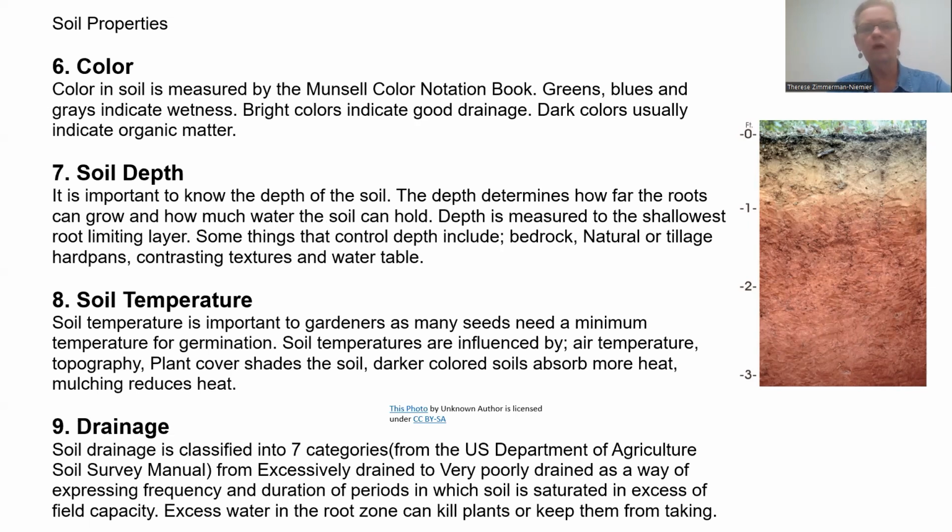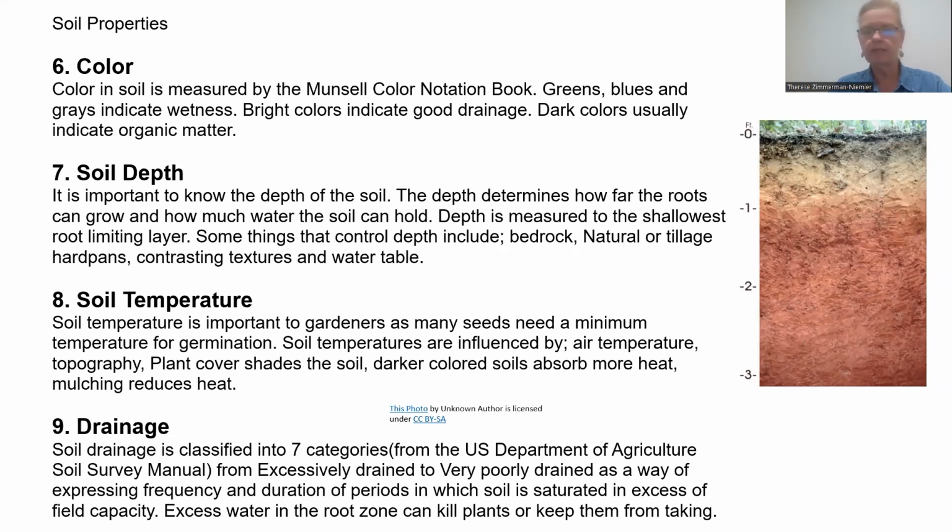So there's a whole range of colors and what they mean. Our soil depth is also going to tell us what kind of life it supports. If we have no topsoil, we have no biology, no ability to break down minerals and make them available to our plants, no water holding capability. So soil depth is very important.